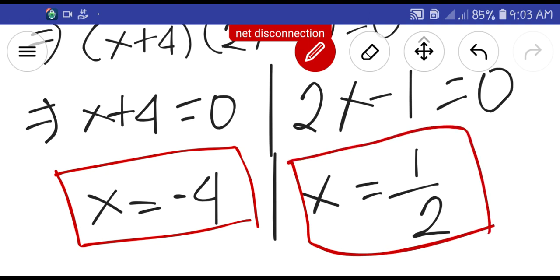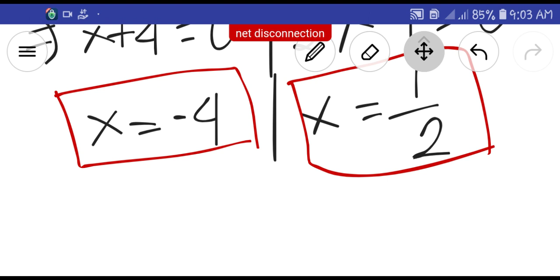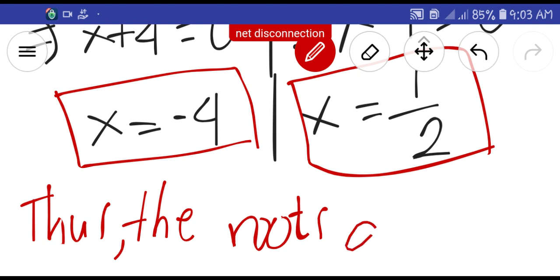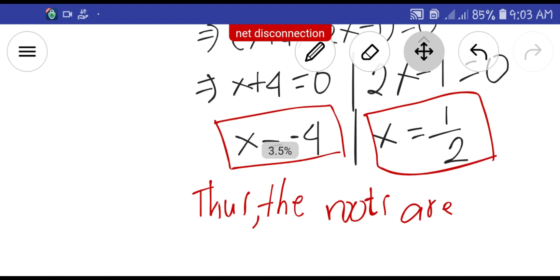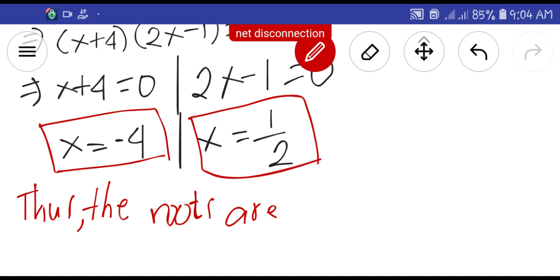Alright, so our first root that we have found was 2, and then we have negative 4, and then 1/2.